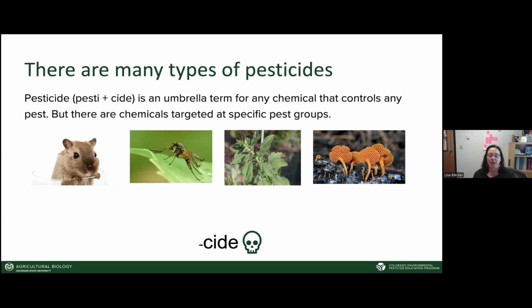The word "cide" means to kill, right? And it's a Latin term. So if you're trying to kill, for example, rodents, you would use a rodenticide. If you're trying to kill insects, you would use an insecticide. If you're trying to kill a plant, you would use an herbicide.